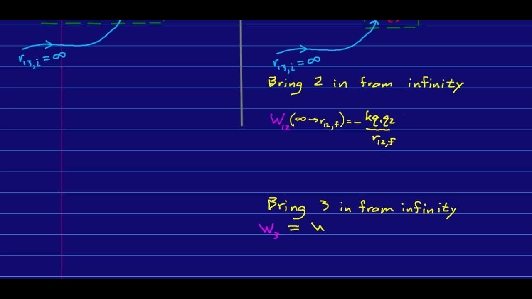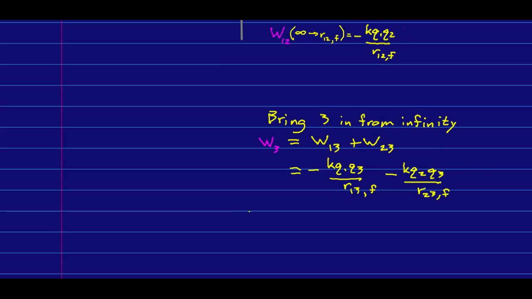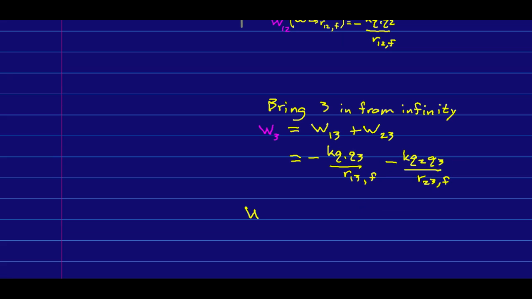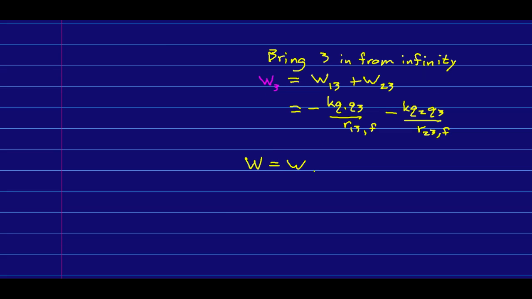It is going to be the work that 1 does on 3 as we bring it in from infinity, plus the work that 2 does on 3 as we bring it in from infinity. But we know what each of those are. They're going to use exactly the same expression. And so in the end, the total work that was necessary to assemble these 3 particles into their final configuration was this sum of 3 works.